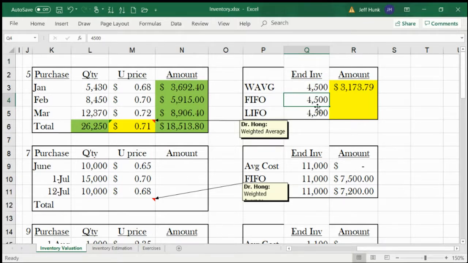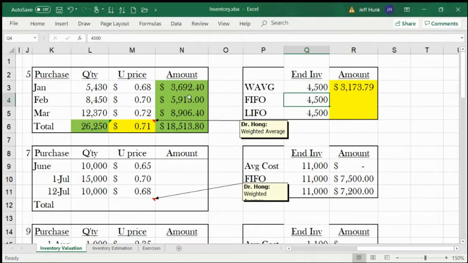Make sense? Ending inventory means what is left, right? What is left after the sale has happened, right? So some things got sold, and some of them didn't get sold. So whatever is left, whatever remains unsold, came from the last batch of purchase, right?